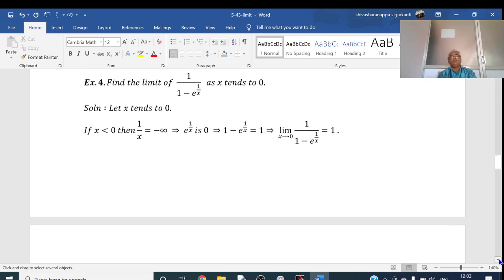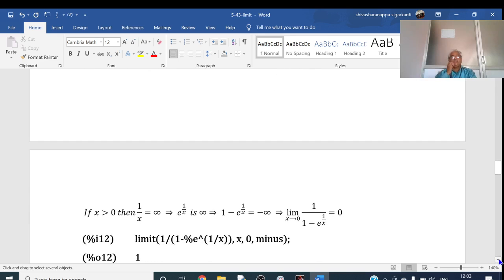And what happens if x is greater than 0? Then x is tending to 0, but x takes positive values. That is, 1 by a number nearly equal to 0 means infinity with a positive sign. Then I am getting e to the power of infinity, which is plus infinity.